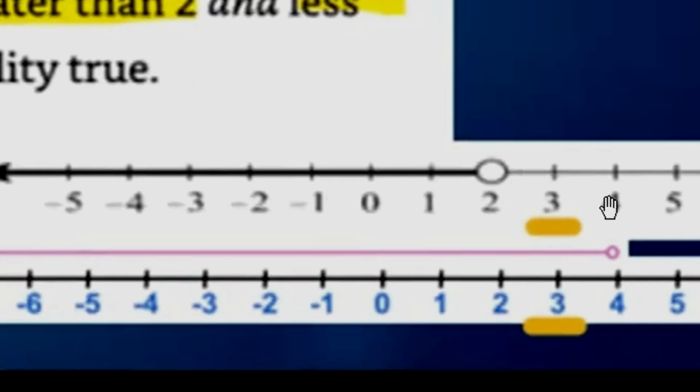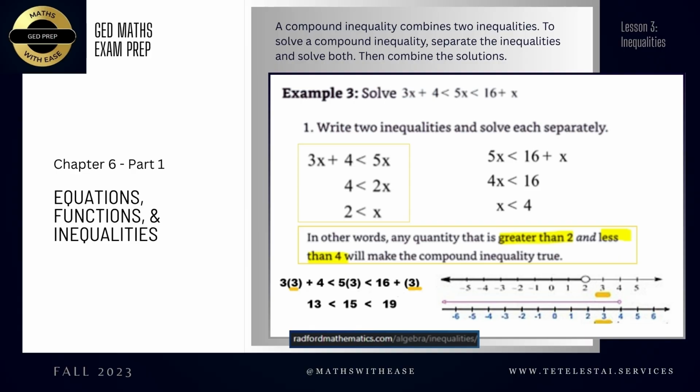Again, we're starting at 4, but not including 4, but we will be including every number to the left of 4 into infinity. So from our number line, we can identify where these two inequalities overlap, right? And that's right here with the number 3.